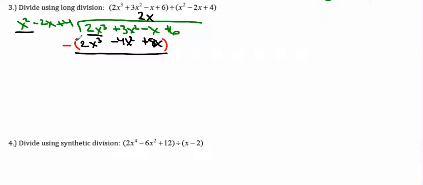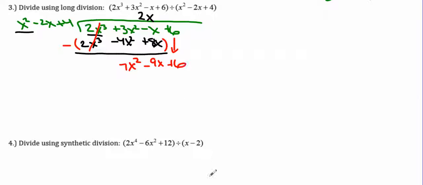Whenever we do long division, these first terms should always cancel. Positive 3x squared minus a negative 4x squared is a positive 7x squared. Negative x minus 8x is negative 9x. Then you're going to bring down your last term.